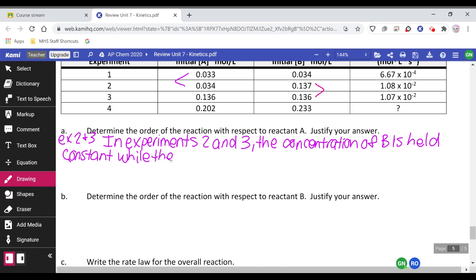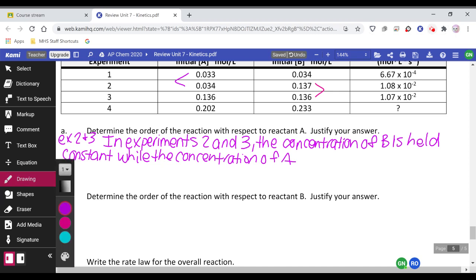While the concentration of A does what? What did it do? So we're looking here for A. What did it do? Tripled.